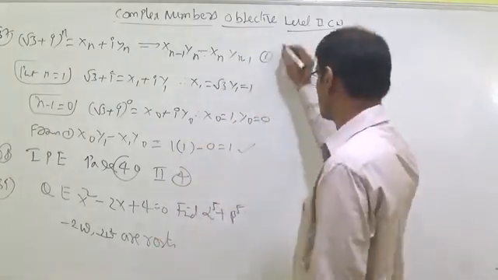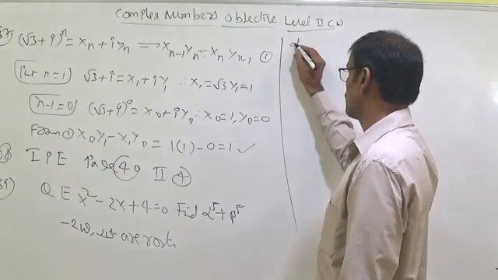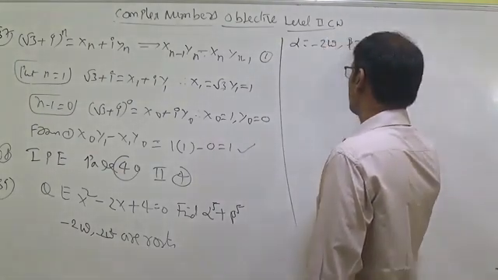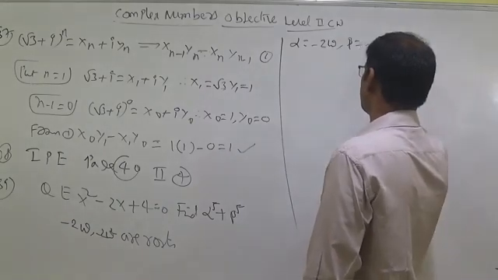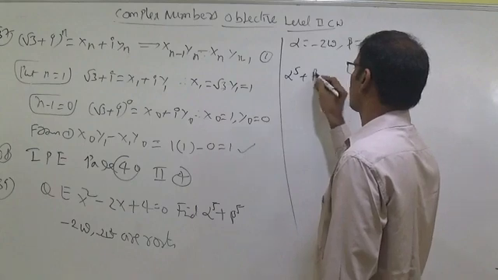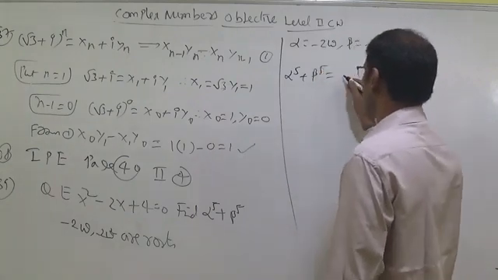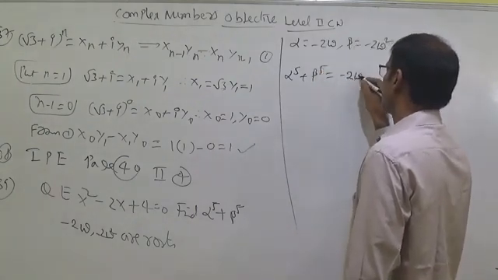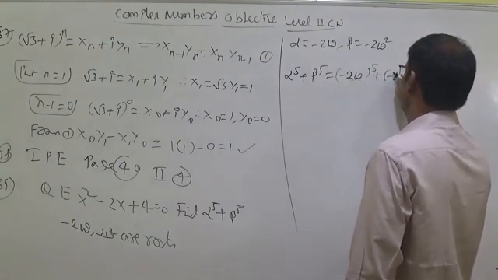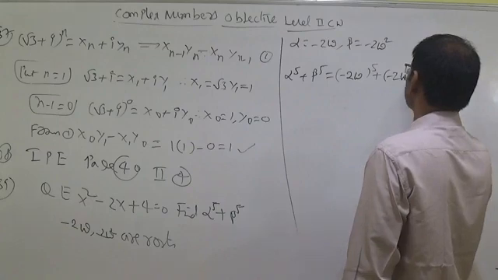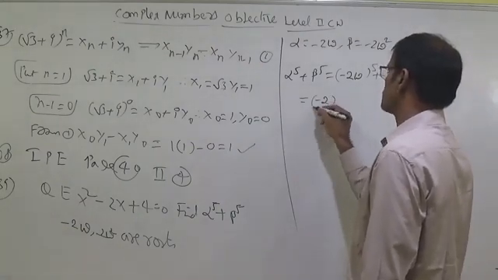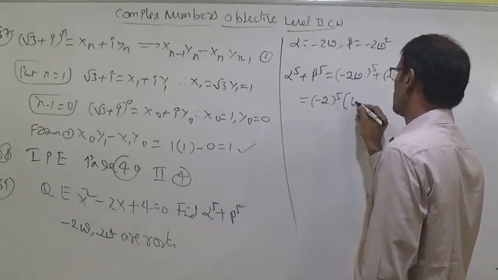So alpha is equal to minus 2 omega, confirm. Beta is equal to minus 2 omega square, confirm. Now alpha power 5 plus beta power 5: alpha power 5 you can write as minus 2 omega whole power 5, and minus 2 omega square whole power 5. Take common minus 2 power 5 in both terms.